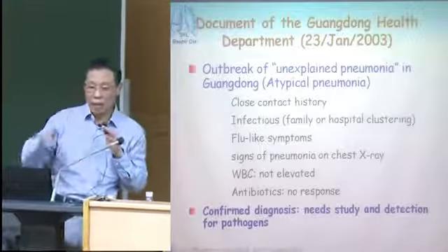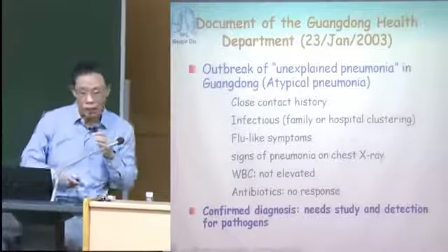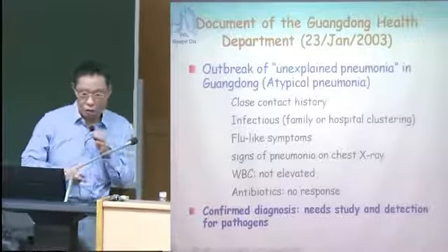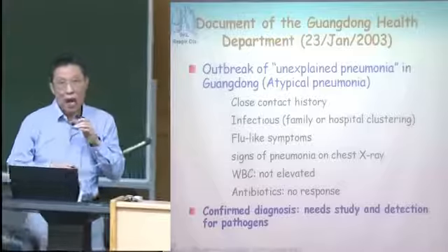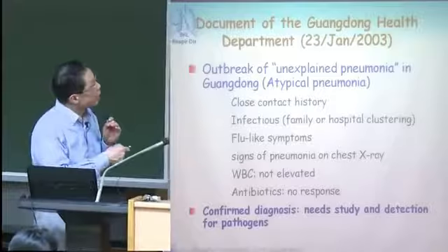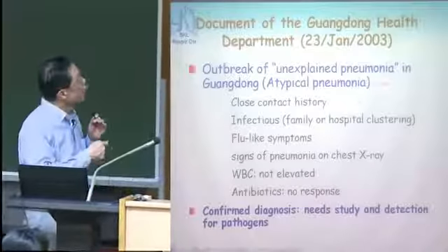So at that time the Department of Public Health of Guangdong, Guangdong 卫生厅, set up a document. That was the 23rd of January 2003. It said there was an outbreak of unexplained pneumonia, at that time just called unexplained pneumonia in Guangdong.